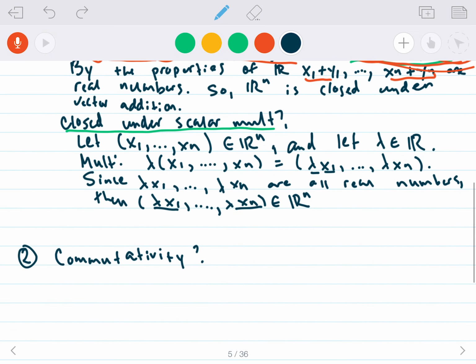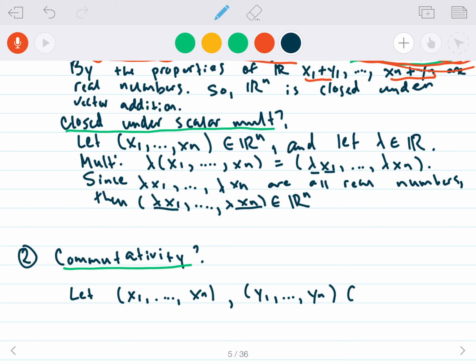Well, again, we want to start by introducing two arbitrary vectors in Rn. So we want to show that they commute. So let x1 dot dot dot xn and y1 dot dot dot yn be in Rn.